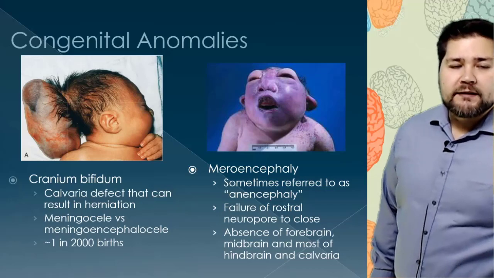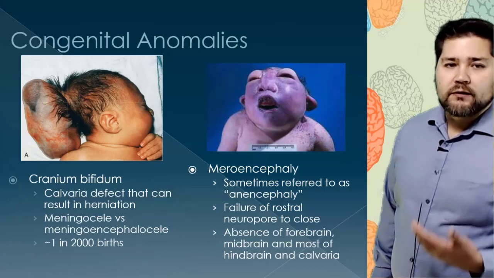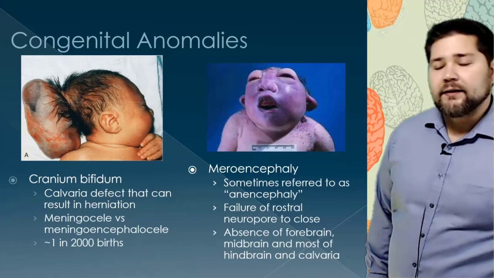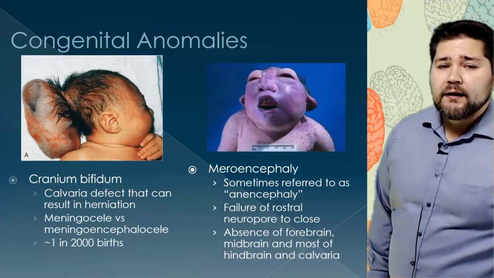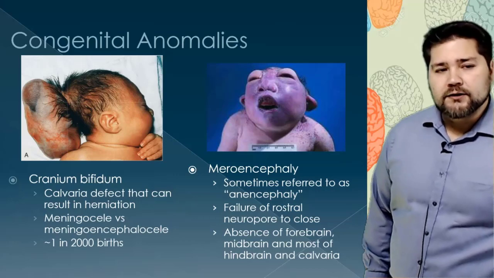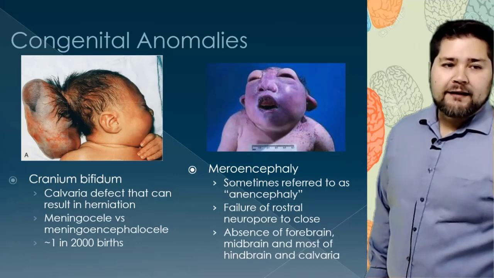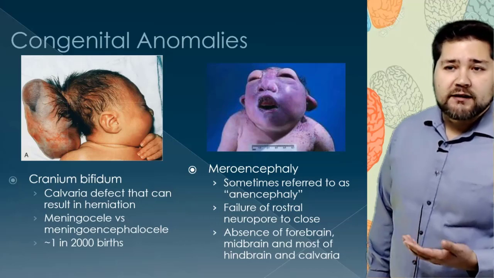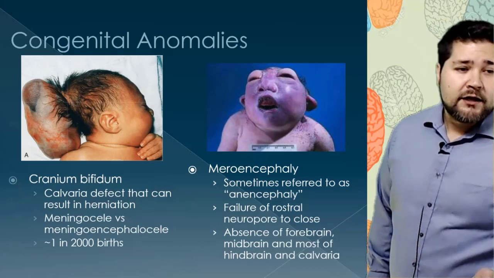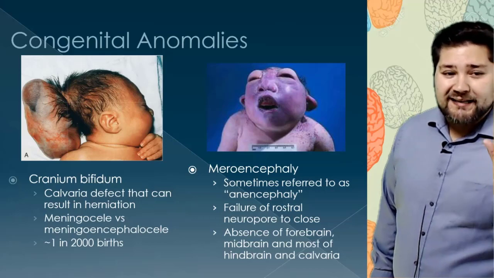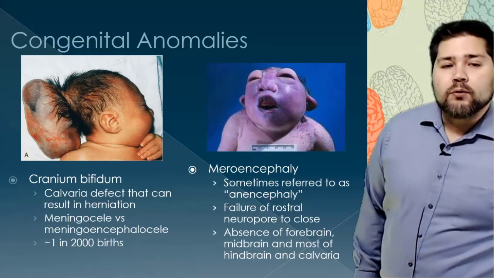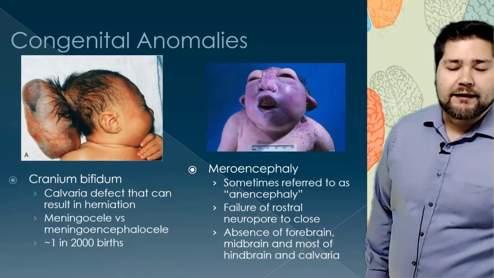Cranium bifidum is really a similar pathology as spina bifida cystica, except this time the defect is in the calvaria, and we see herniation of possible brain tissue. Again, keeping our naming conventions important, a meningocele is just going to be the herniation of the meninges, whereas the meningoencephalocele, and that keyword being encephalo, means we're going to get portions of brain tissue herniating out.